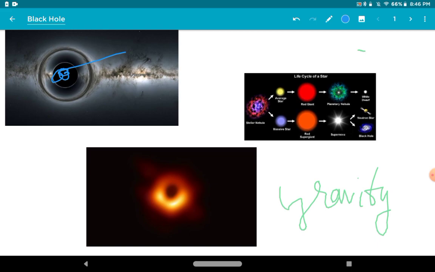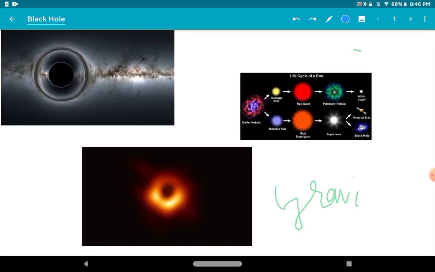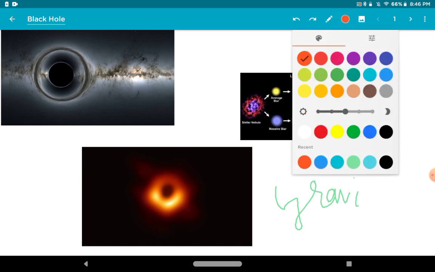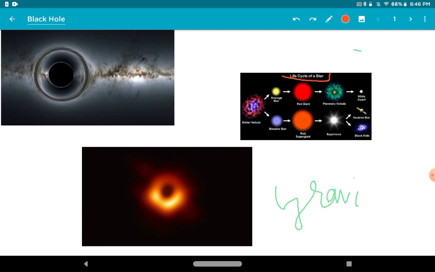So we will understand how a black hole becomes a black hole. You can see this thing right over here, the life of a star. A black hole becomes from a massive star.